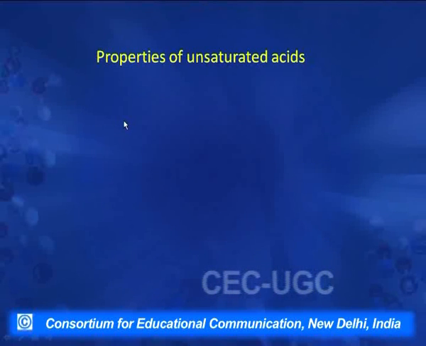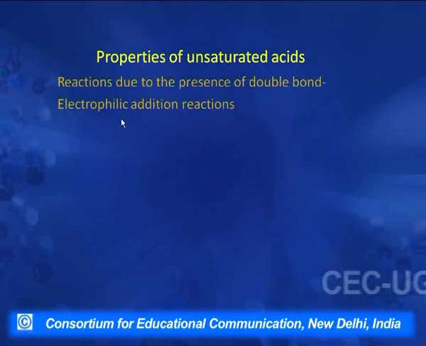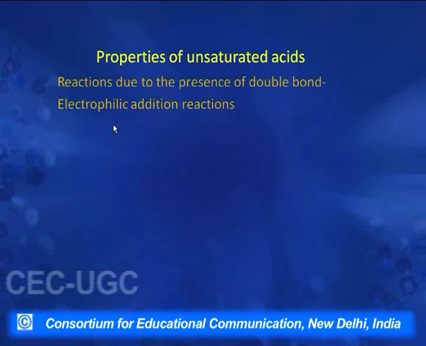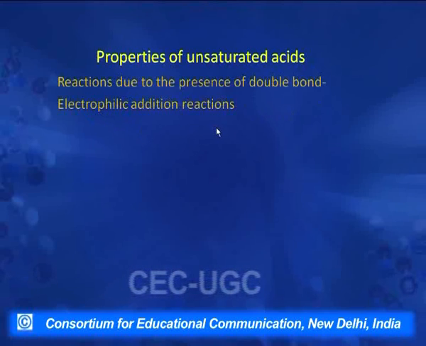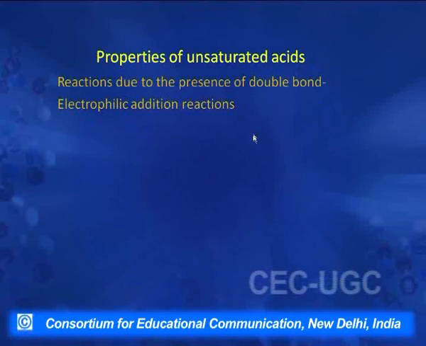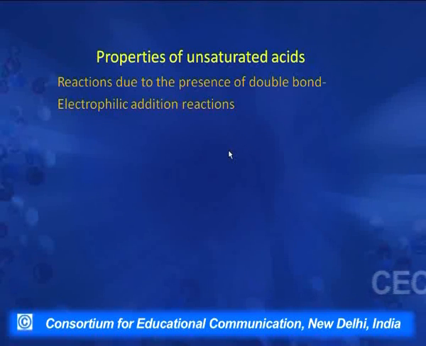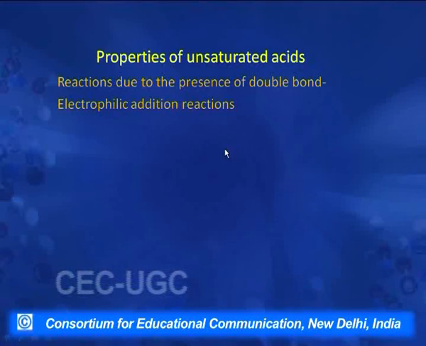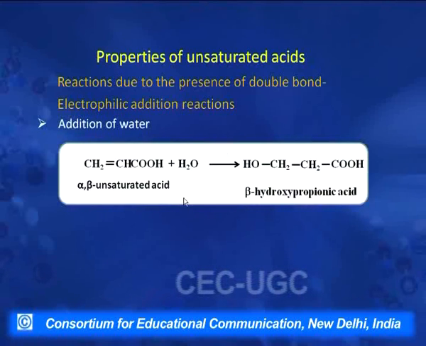Some properties of unsaturated acids. Reactions due to presence of double bond. Obviously, these reactions are electrophilic addition reactions, and as I told you, we will discuss this reaction to understand why this addition occurs in such a way that the negative part goes to the beta carbon and not to the alpha carbon.